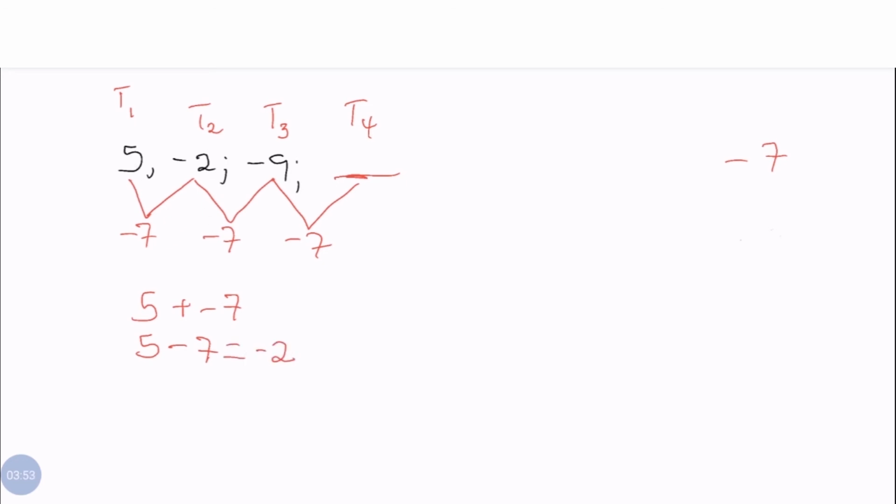From T3 to T4, we also have to add -7, so -9 plus -7 is the same as -9 minus 7, which is equal to -16. Therefore, our T4 is equal to -16.